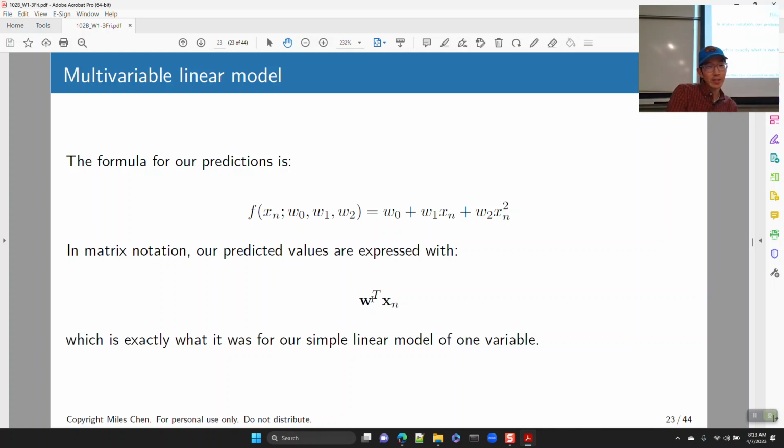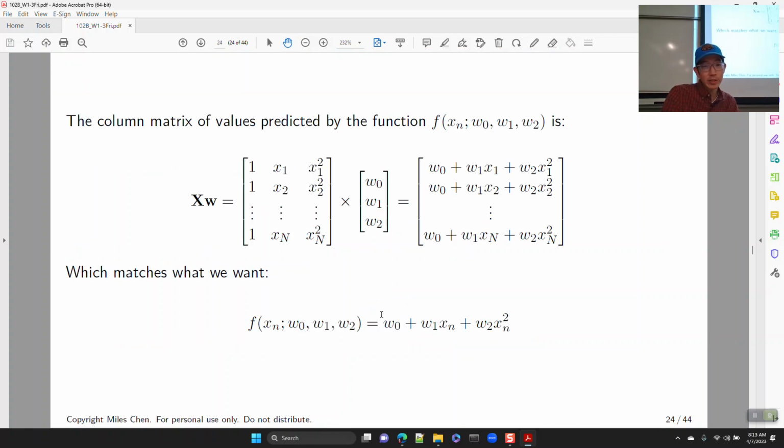And if you just ignore the dimension of W and the dimension of X, this is exactly what we had when we didn't have this quadratic term, right? It's the exact same kind of predicted thing. And so what are my predictions for all of the values in X?